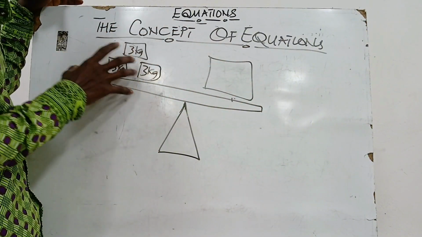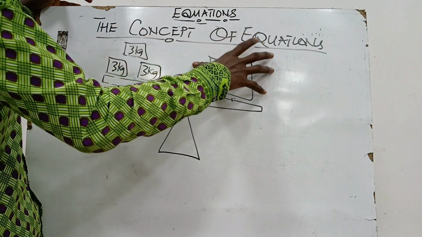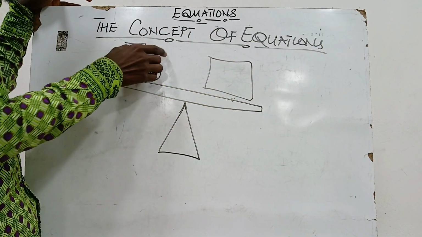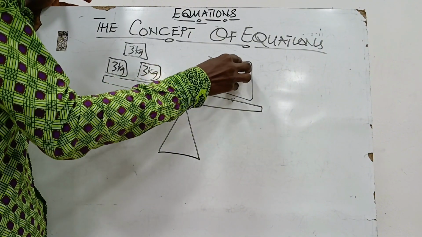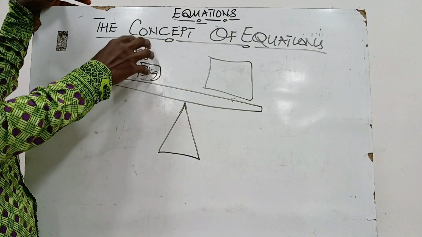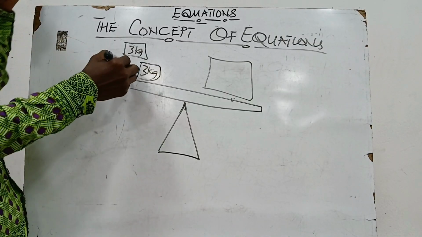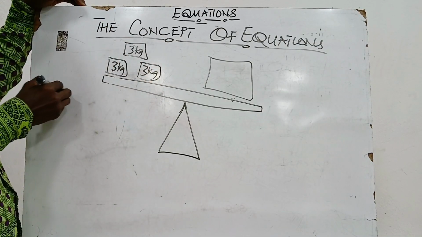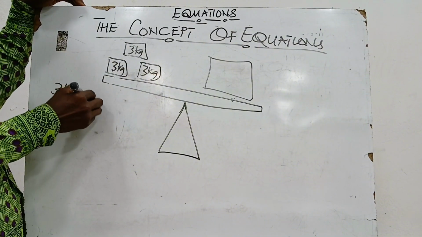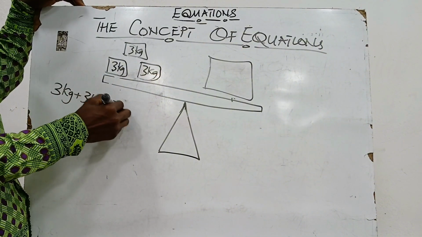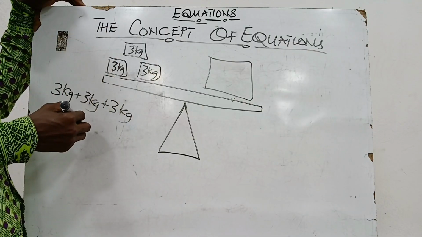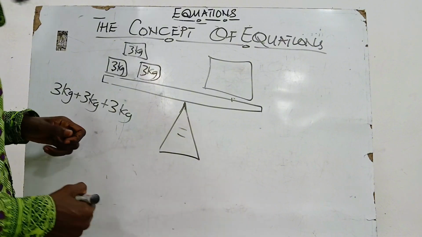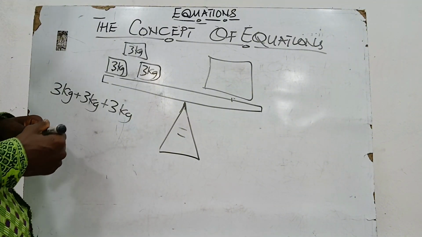It doesn't matter we have 3 different boxes over here and just one box over here. So with each weighing 3 kilogram, the weight here will be 3 kilogram plus 3 kilogram plus 3 kilogram. And this pivot here is our equal to sign. Are you getting it? Great.